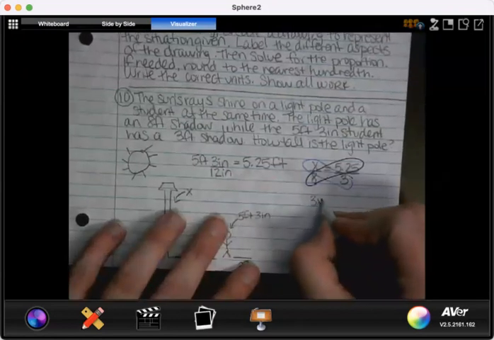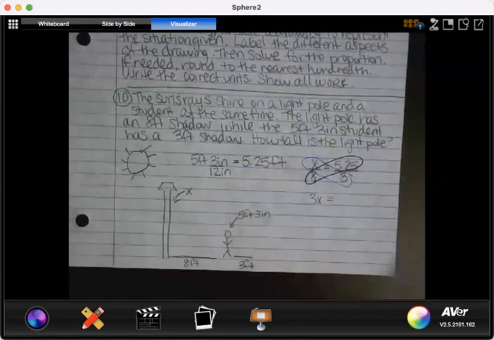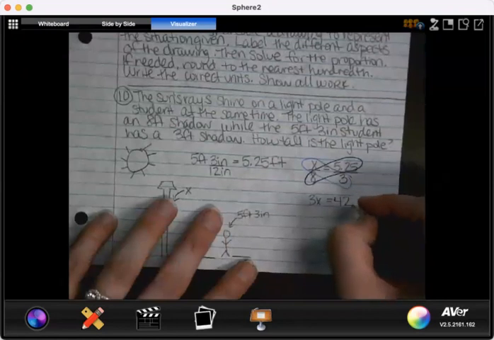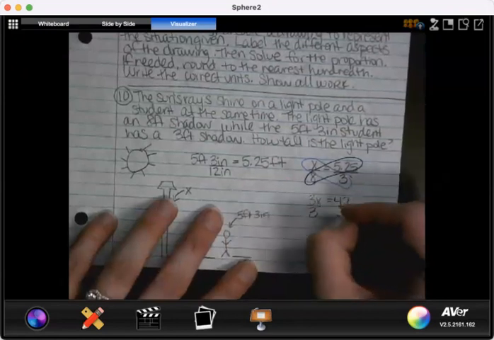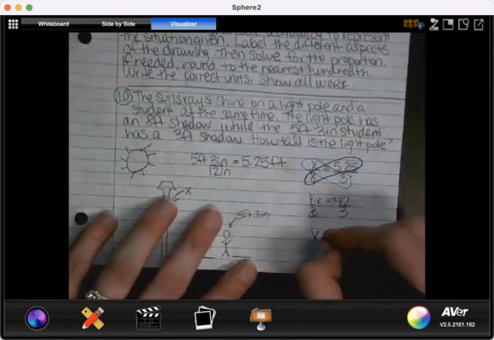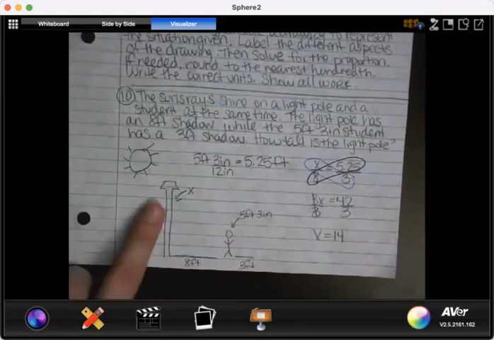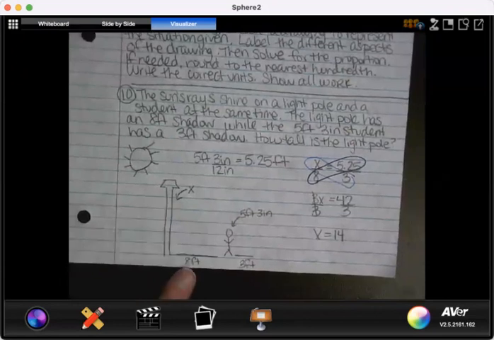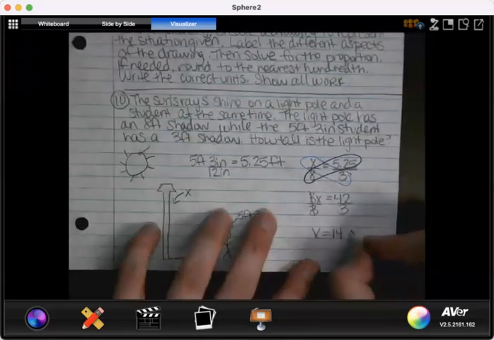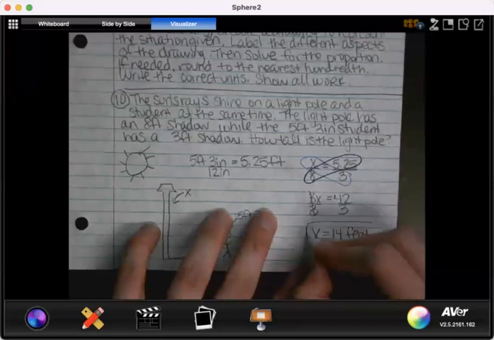I get 3x equals 5.25 times 8, which is 42. Divide by 3, and x equals 14. Now, 14 is representing the height of the flagpole, or sorry, the light pole, and it's all in feet, so therefore this would be a 14-foot light pole.